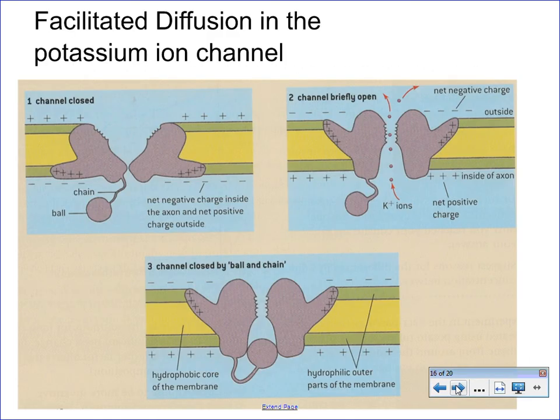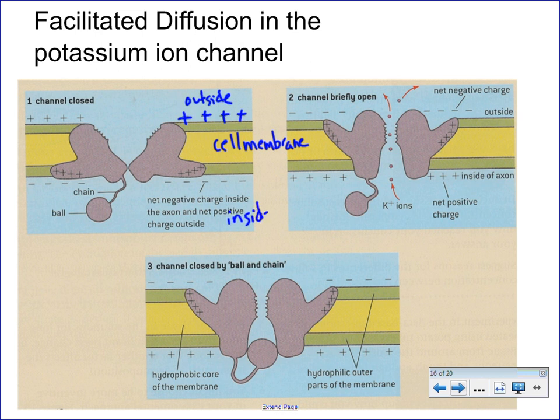The example of facilitated diffusion that IB would like you to know is that of the potassium ion channel. So on the cell membrane of the neuron, that cell membrane will have a charge associated with it. On the outside of the cell, that membrane will have a positive charge associated with it.